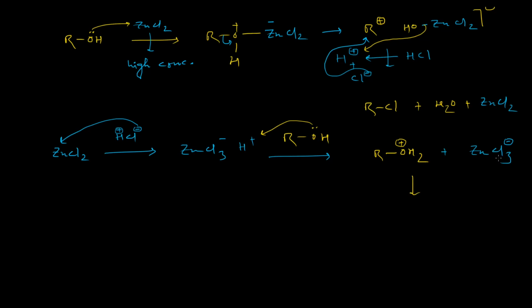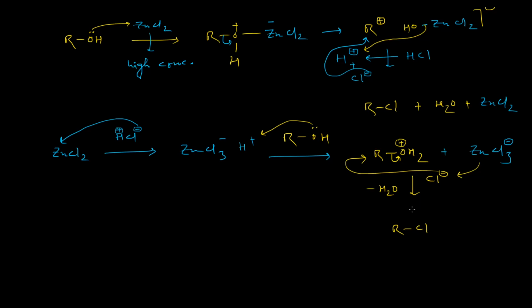This zinc trichloride negatively charged anion will release one Cl minus, and this Cl minus will attack from the back side of this carbon oxygen bond, and water will leave from the system, and it will result in the formation of our desired alkyl chloride.